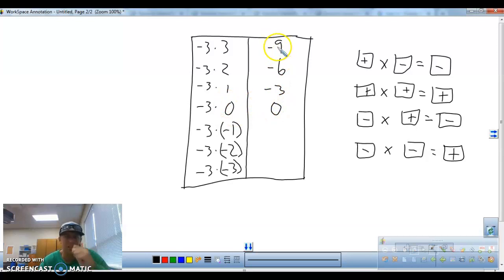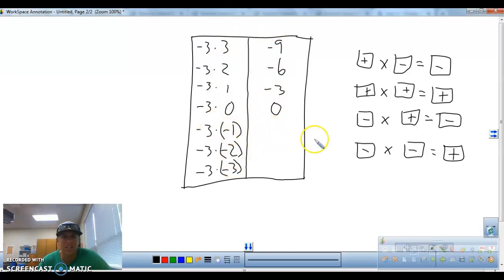Now look what's happening. Okay, this is a little different because the order over here is different. We've got negative 3 times 3, we get negative 9. And then the next one we get negative 6, negative 3, to 0. What do you notice that's going on here? Well, this time it's going up by 3 in every situation. Okay, so negative 3 times negative 1, these things we're multiplying by negative 3, they're going down 1 each time, but your answer is going up 3.